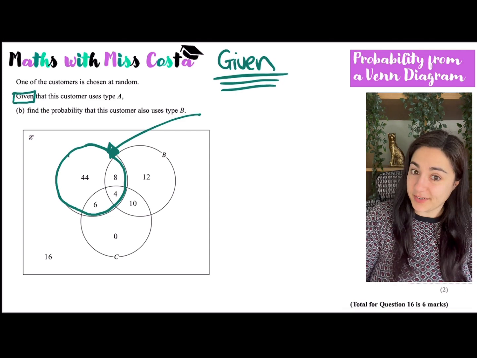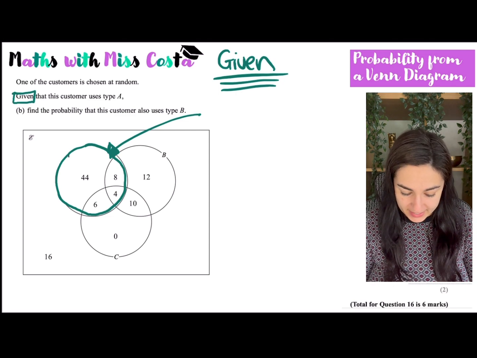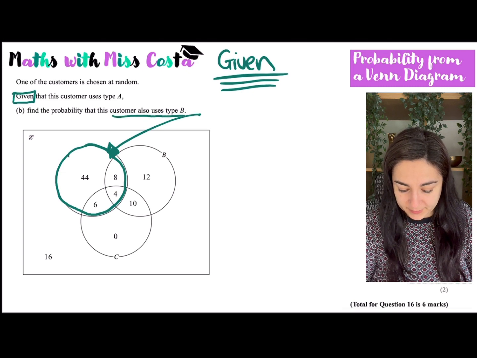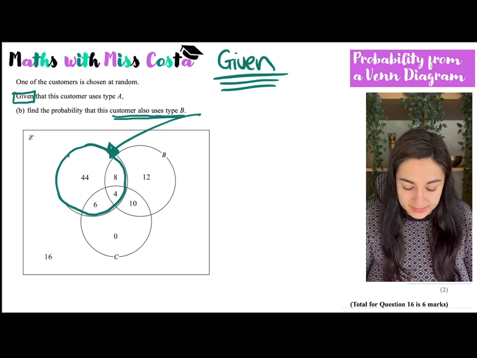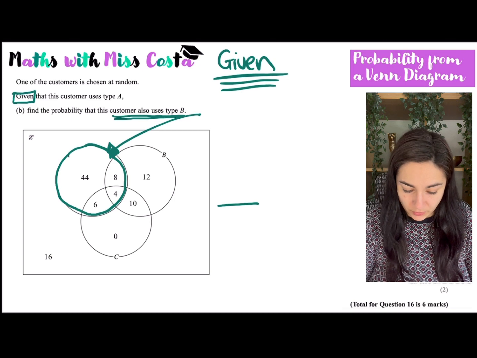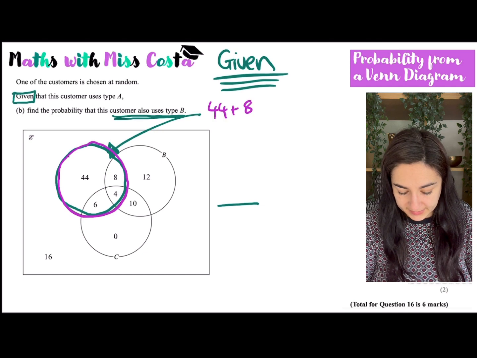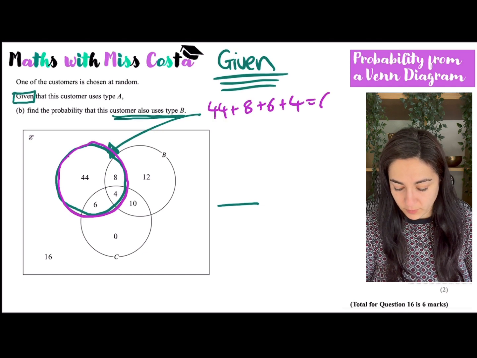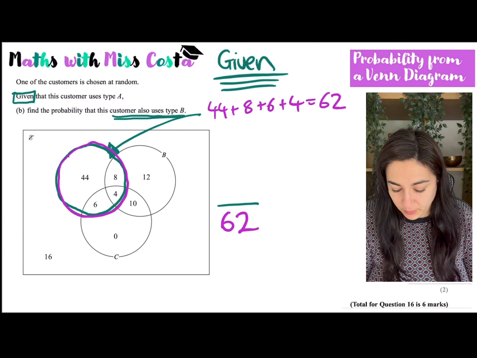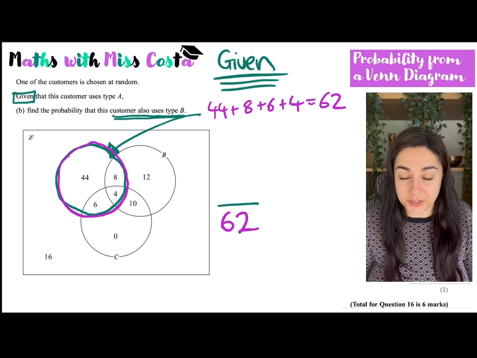So given that this customer uses type A, find the probability that this customer also uses type B. So our total is going to be out of everything that is inside here. So 44 plus 8 plus 6 plus 4 equals 62. So my probability is going to be out of 62.